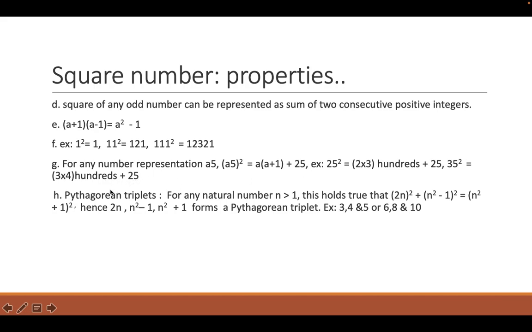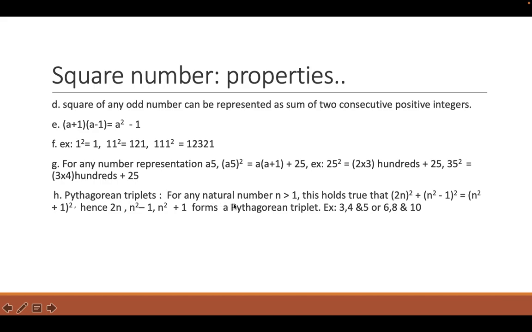The next pattern is Pythagorean triplets. Now, what is a Pythagorean triplet? This is very interesting. First you should know what the Pythagorean principle or rule is. I hope in earlier standards you might have known about it, but I will cover it a little bit.